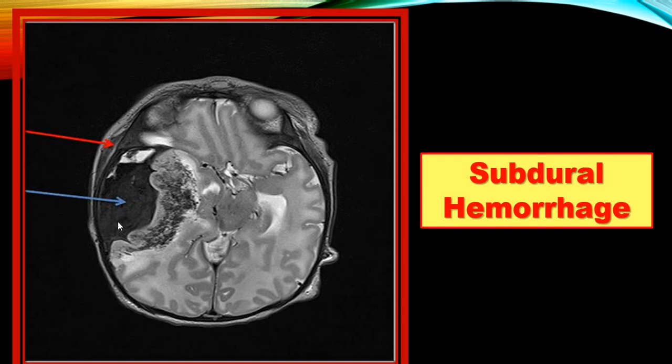As we say, it is the most common intracranial hemorrhage in term newborns, and the treatment of it is accordingly. You have to go back to the lecture on birth injuries and restudy it to remember the questions related to birth injuries.